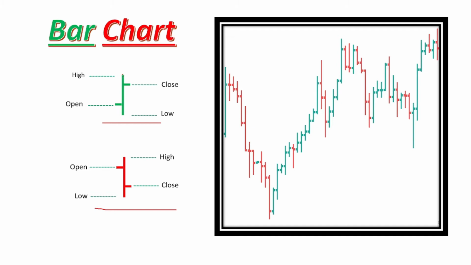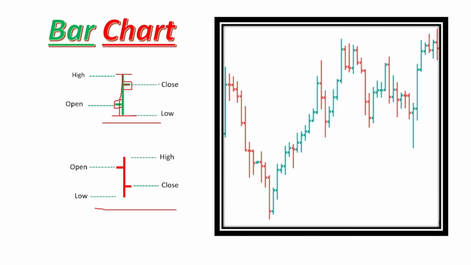The length of the bar indicates the price range that the security has traded in the selected time period. On the left side of the bar, this tip indicates that the security opened at this price point in the selected time frame. This is the high price that it has moved to, and this is the low price point, and on the right side there is another tip which indicates the closing price in that selected time period.